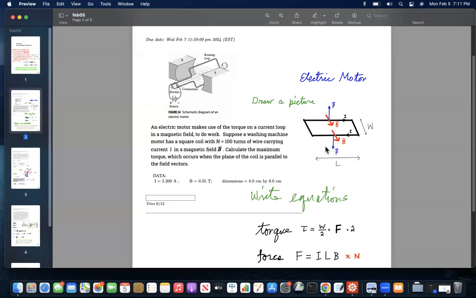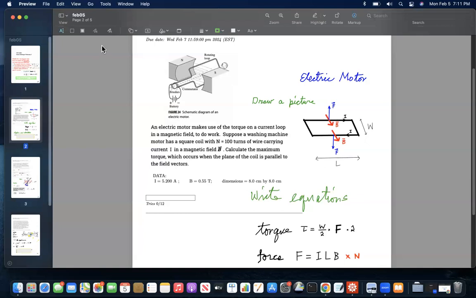So I've got this backwards. So this should be in the other direction. And over here, I points to the right, B points out towards you. If I use the right-hand rule and consider I cross B, the force will be downward.